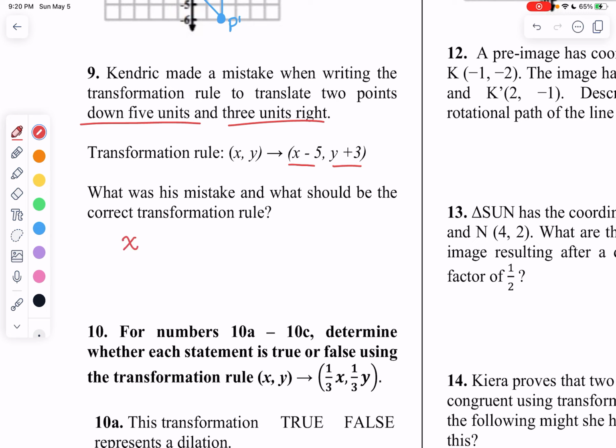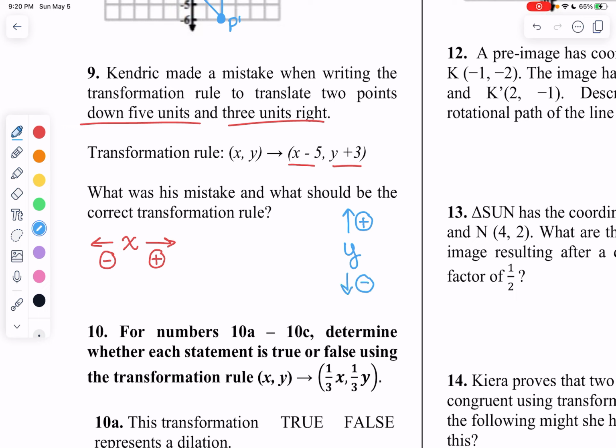We know that with x, right, x moves the point to the left and to the right. When it moves to the left, we think negative. With transformations, we would think subtracting from x, and adding to x would move it to the right. With y, adding to y moves us up, subtracting from y brings us down.